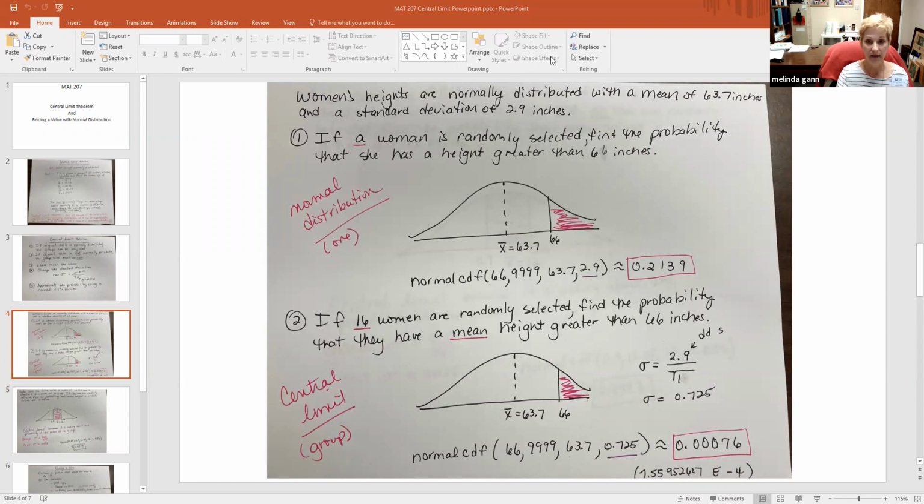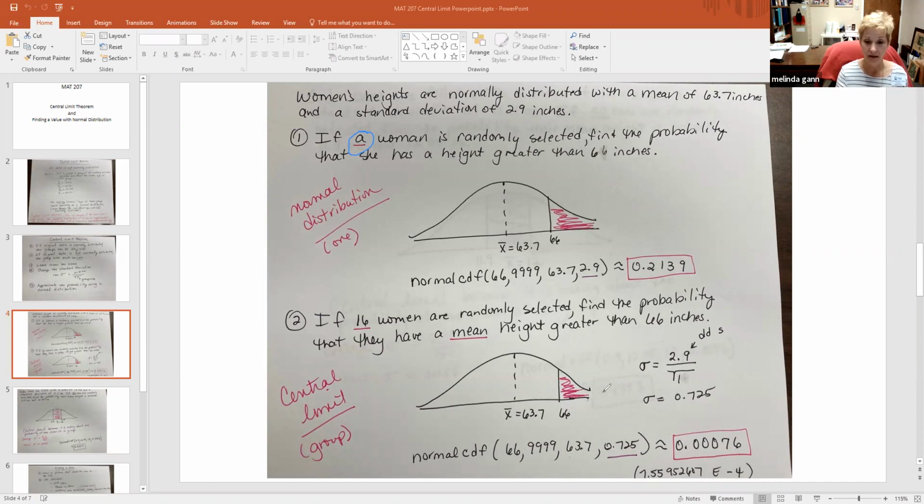Again, this was one woman. Now remember, I want to know what's the probability she's over 5'6", because 66 inches is 5 feet 6 inches. Well, there's almost a 20% chance that a woman's going to be over 5'6". So that's not unusual.